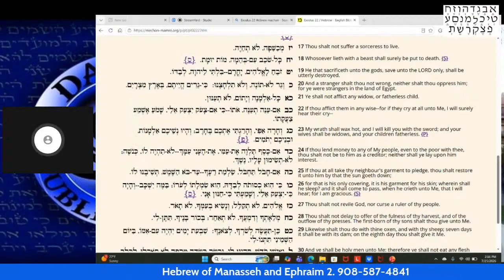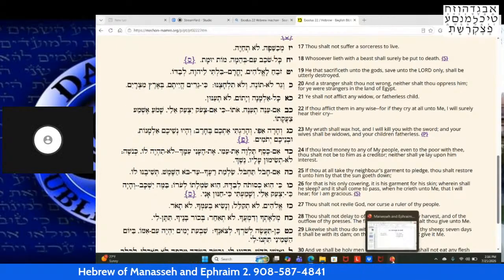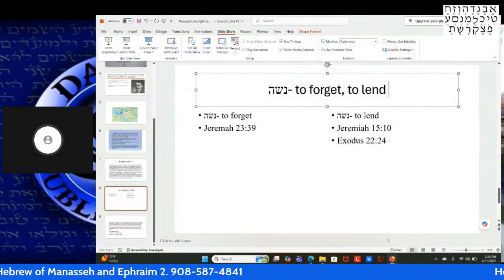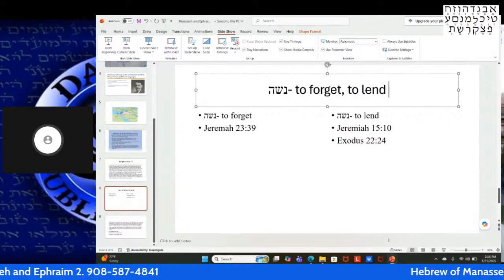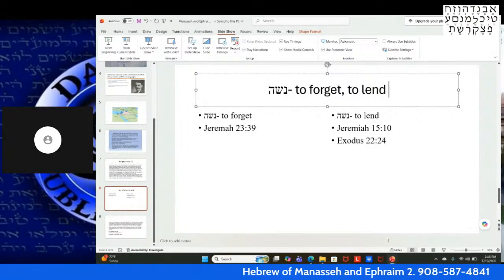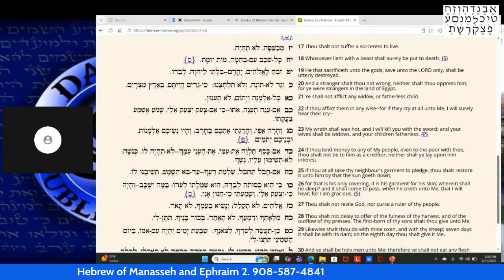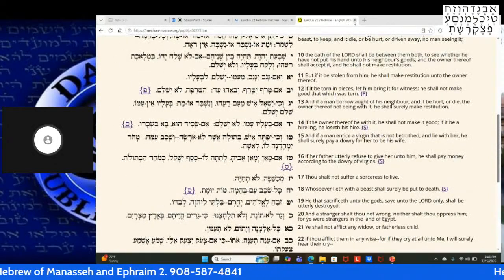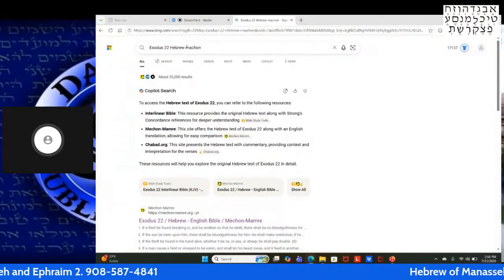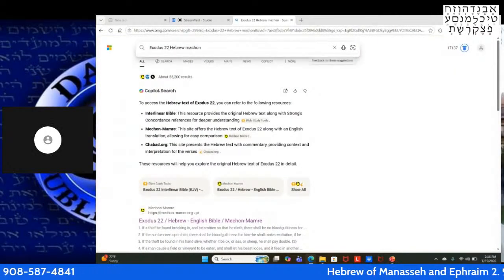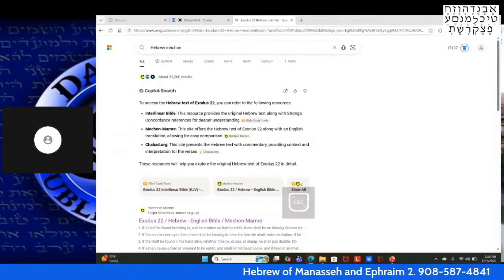So when we go back now, brothers and sisters, into this, we can go into the book of Jeremiah actually and show what we're talking about. All right, let's see what we're talking about. Jeremiah 15, verse 10, and it reads as follows. Looking at it from a Hebrew perspective.